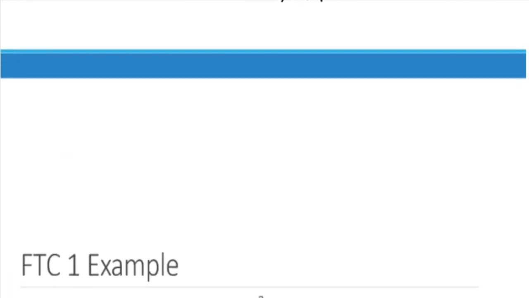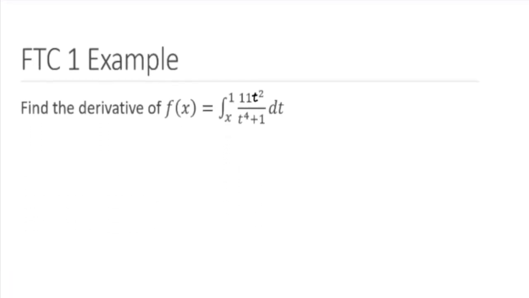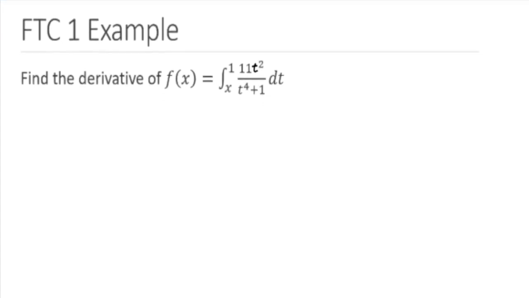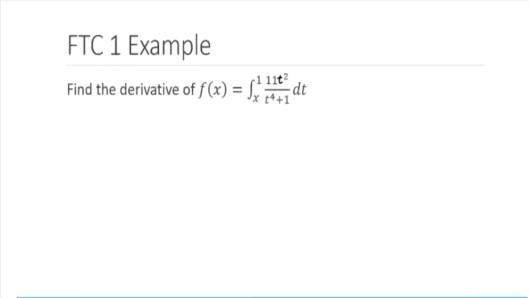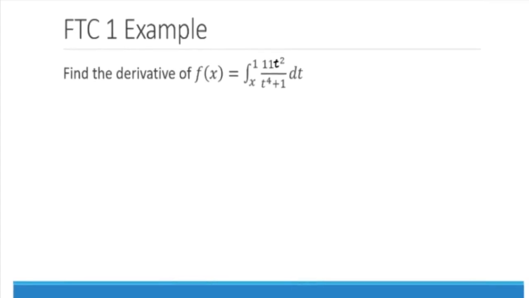Okay, next example. Find the derivative of this one. So, ano lang ang pinagkaiba nito from the previous example? Pinagpalit lang natin yung bounds or yung limits. Now, in FTC 1, it is important na yung variable ay nasa upper limit.